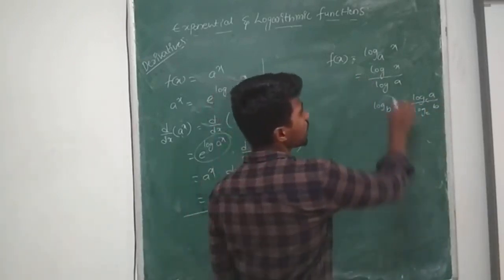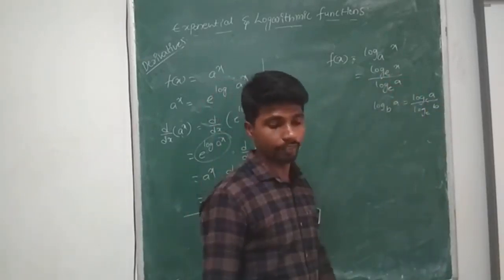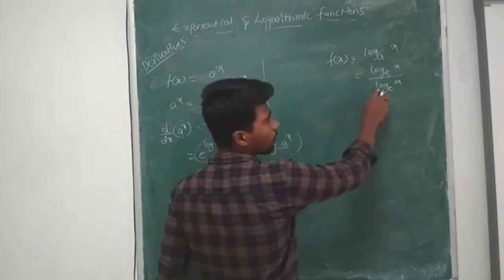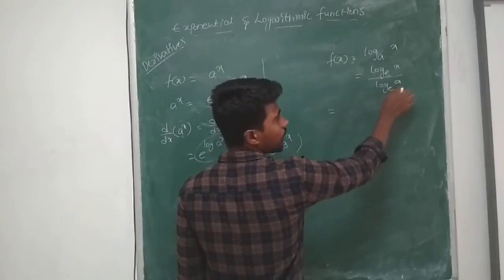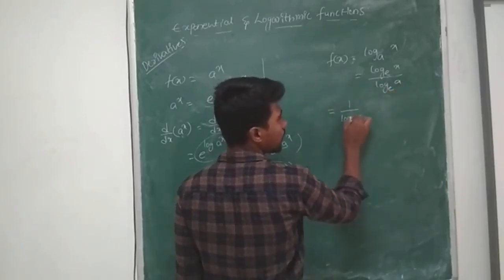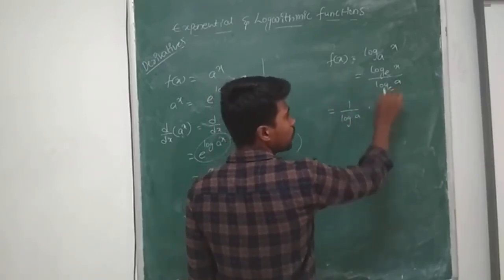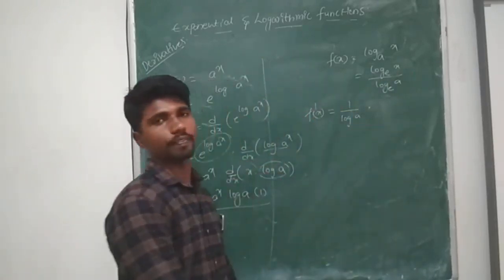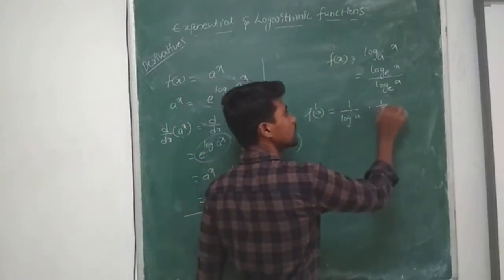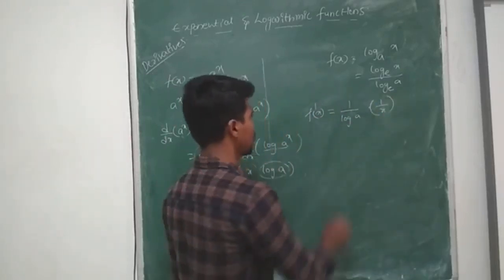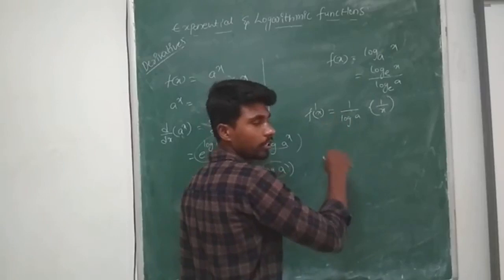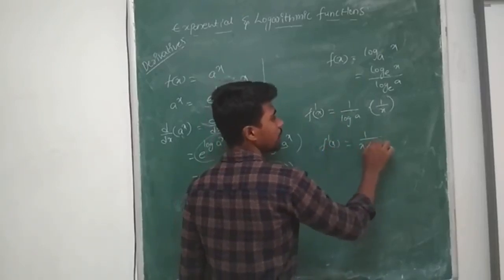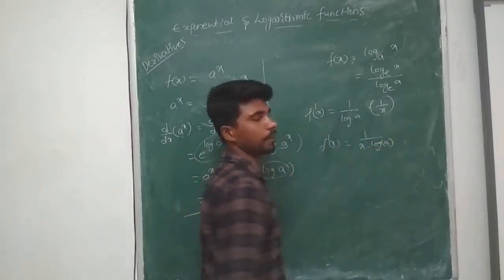Here I consider that base as e. If I didn't write e, it represents that the base is e. Now 1 by log a base e is a constant, so I take it outside, into d by dx of log x, which we just found is 1 by x. So the derivative of log x to any other base a is 1 by x into log a.